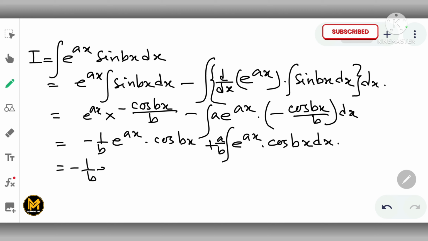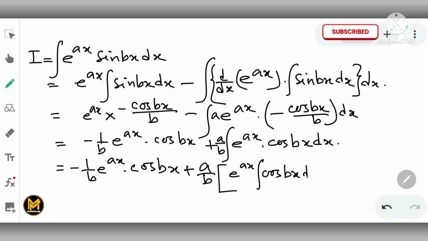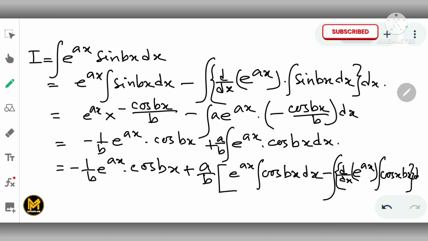Now we will further integrate this second part following the same rule: e to the power ax into the integration of cos bx dx, minus the differentiation of e to the power ax into the integration of cos bx, whole integrated dx.